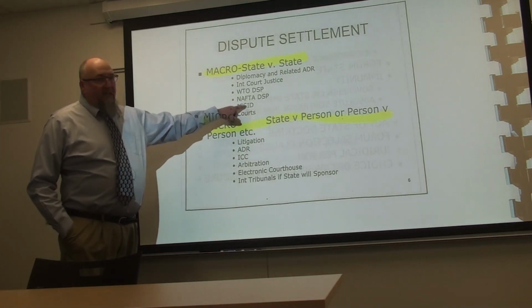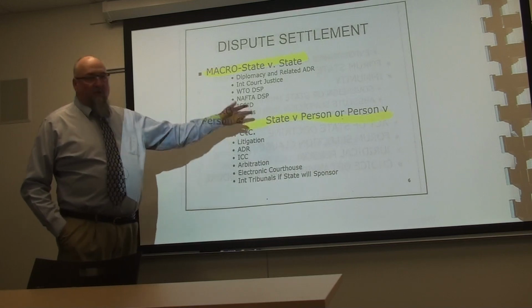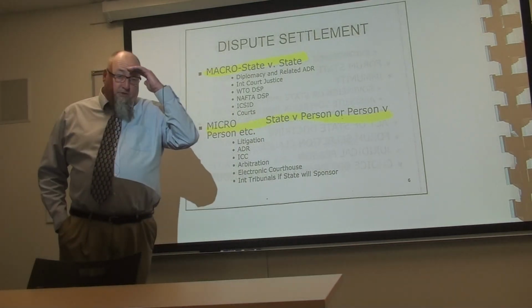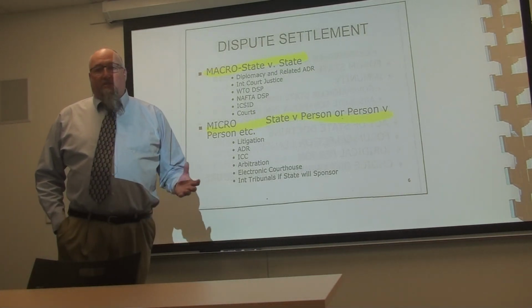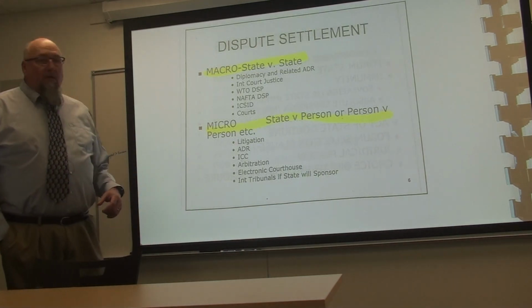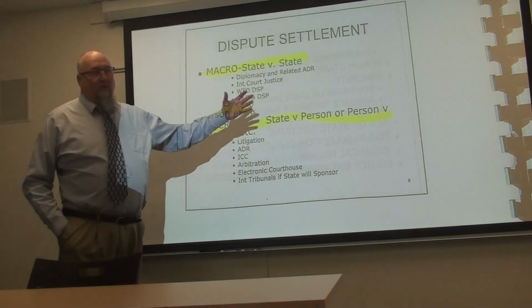The ICSID, which stands for International Center for Settlement of Investment Disputes, and we'll talk more about that a little bit later. That is a mechanism established through the World Bank for cases involving disputes among investors in a foreign country. And then finally, there are potential other court systems like within the European Union.